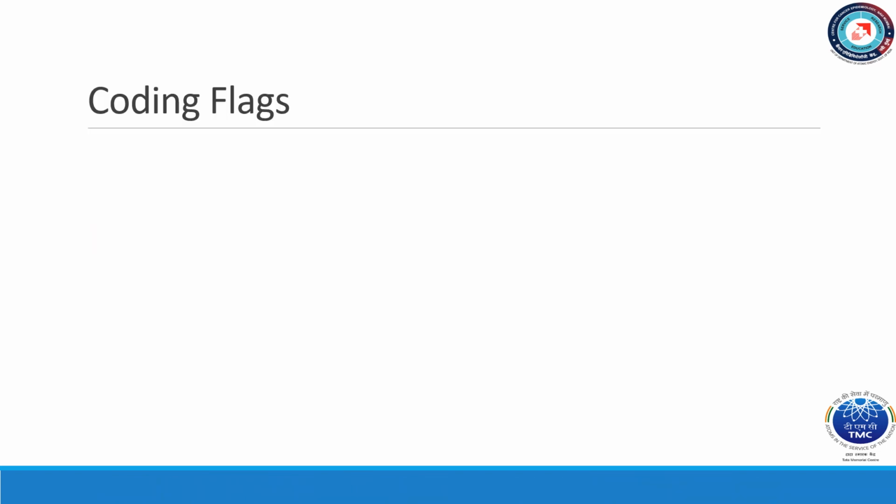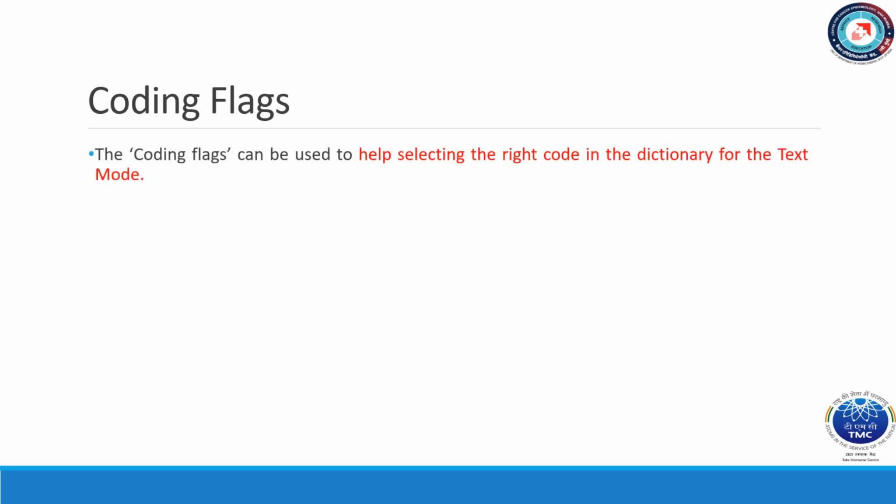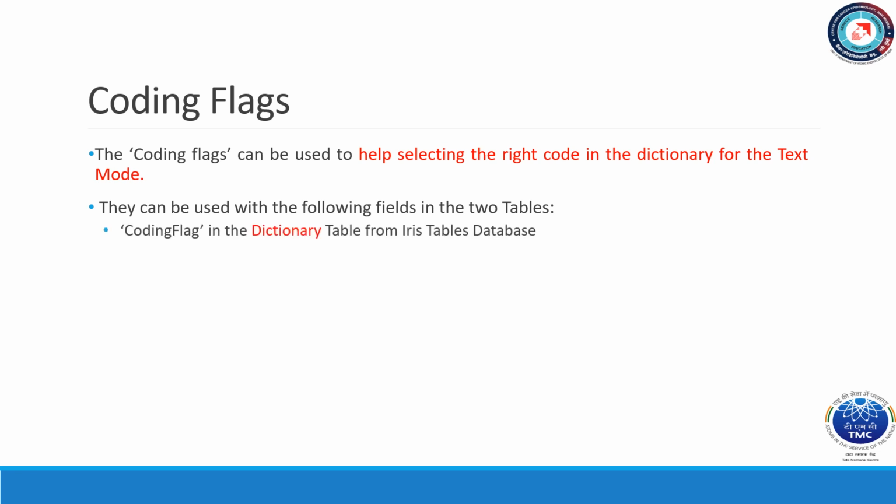Moving on to the coding flags. They can be used to help selecting the right code in the dictionary for the text mode. They can be used with the following fields in the two tables. Firstly, coding flag in the dictionary table from IRIS tables database and coding flags in the IDENT table from the IRIS certificates database.